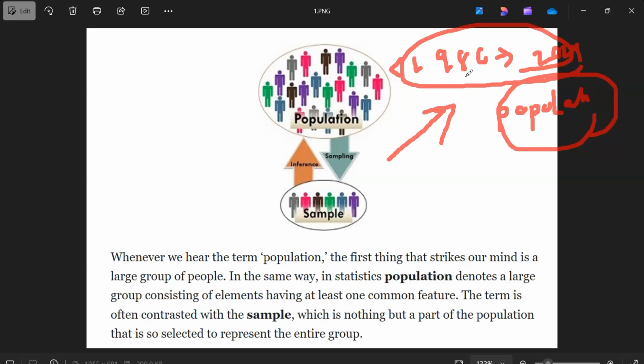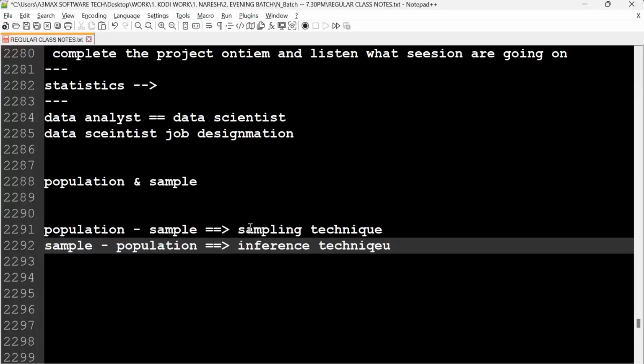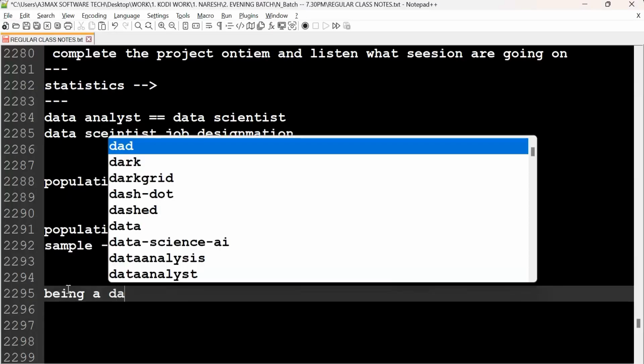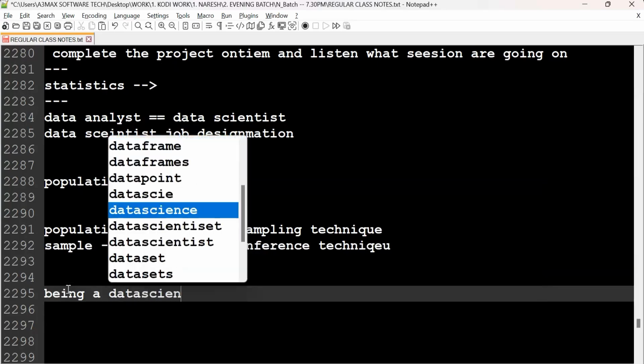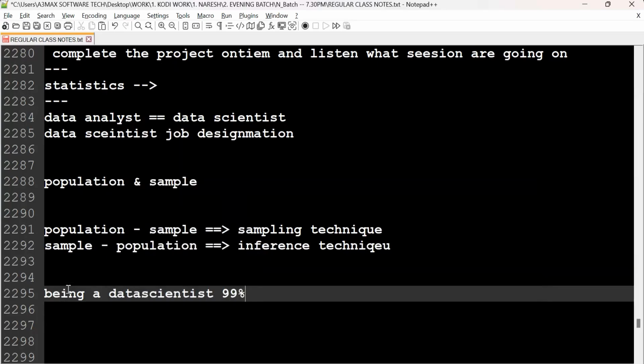Do you understand what I'm speaking or not? I'm speaking very simple English and it makes sense. I am 200% confident in what I'm speaking. Are you listening with 200% confidence and understanding it? Hello guys, are you there? So what I'm saying is, being a data scientist, 99% of the time the data set, what is a data set?